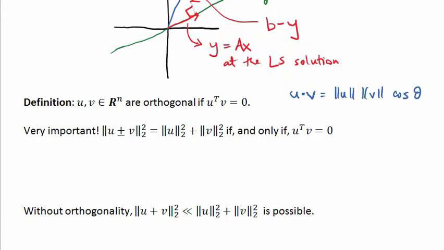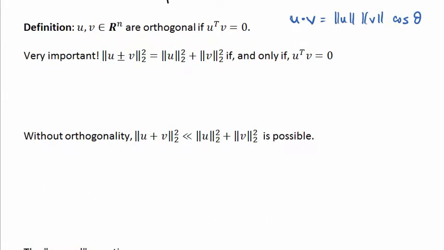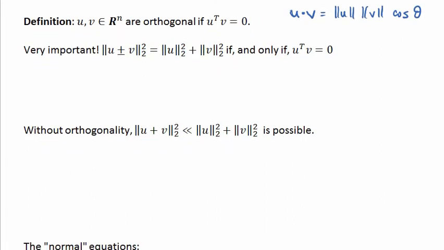So if that dot product is 0, we say the angle is 90 degrees. Now, a very important property of orthogonality is that if two vectors are orthogonal, then the norm of u plus v squared is the sum of the squares of u and v in norm. And that's really basic algebra.